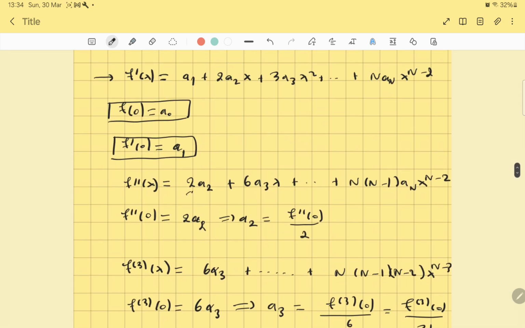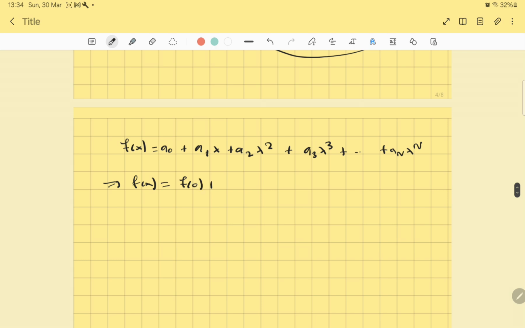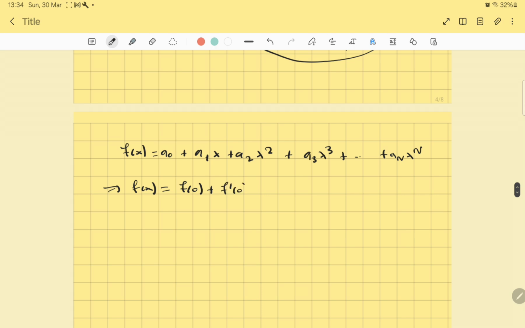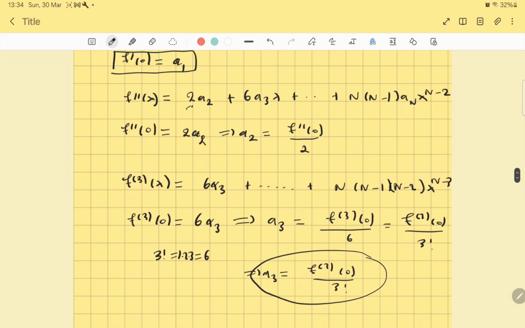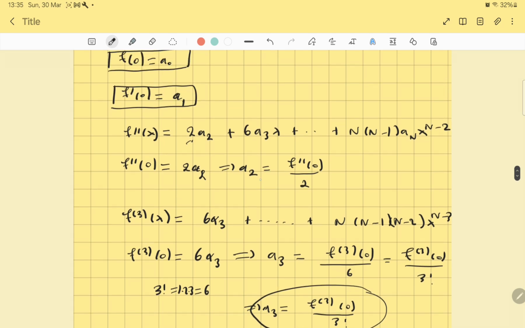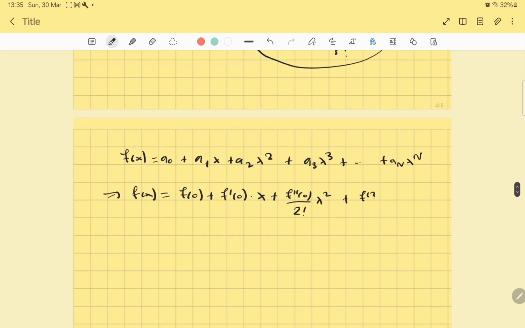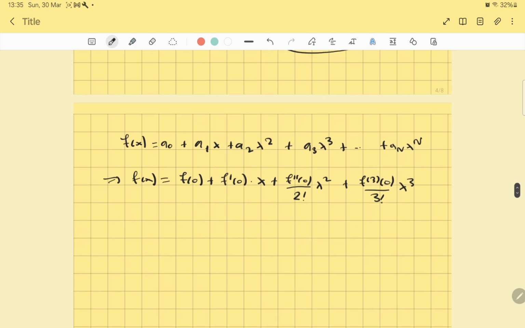What is a0? a0 is f of 0, plus a1 is the first derivative evaluated at 0 times x, plus the coefficient a2 is the second derivative evaluated at 0 over 2 factorial x squared, plus a third coefficient here is the third derivative evaluated at 0 over 3 factorial x cubed, plus f n evaluated at 0 over n factorial x to the power of n.